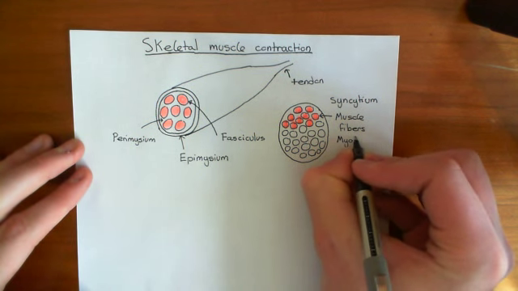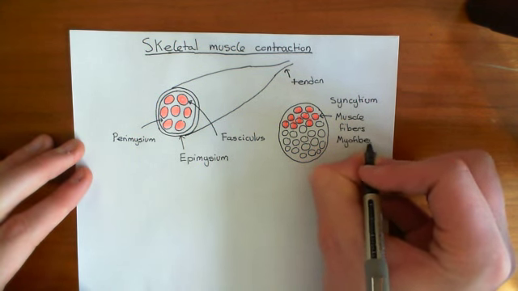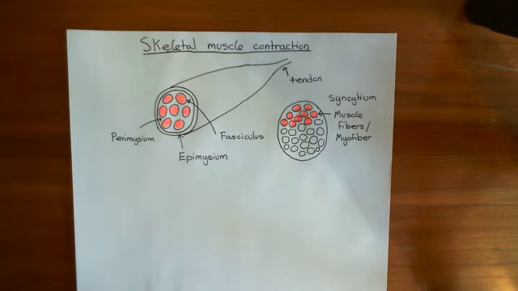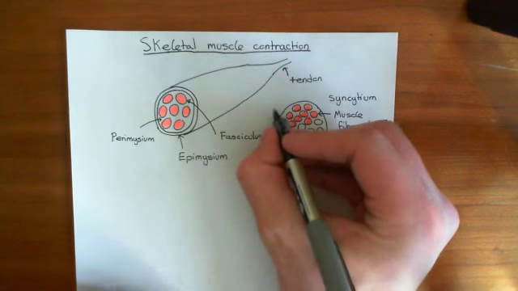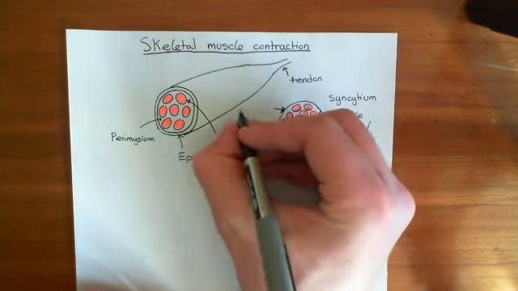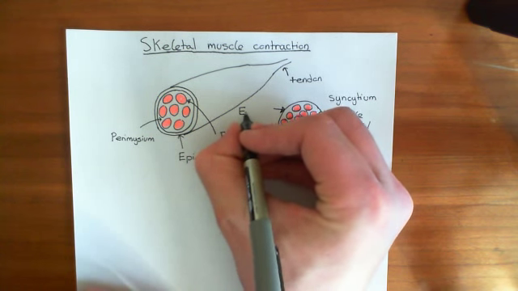So myo means muscle, and then you just have a single word to denote them, basically. So muscle fibers or a myofiber, whatever you want to call it. And this connective tissue that surrounds the myofibers in a fasciculus, that is known as the endomysium.